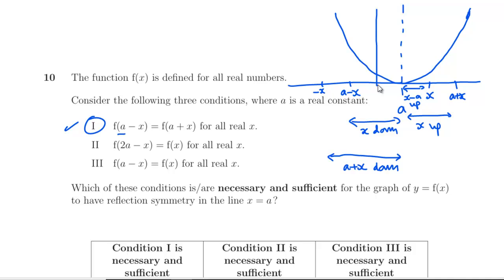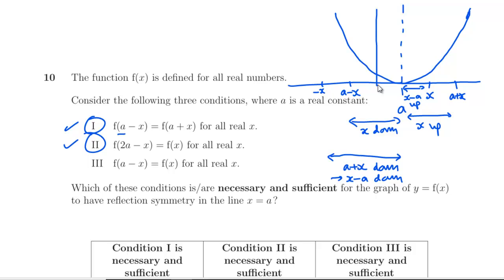Then for 2a minus x, we start off at minus x, which is x plus a down, and then we go 2 lots of a upwards. So that'll take it up to x down and then x minus a down. So we've got x minus a up and x minus a down. Right, so that works as well. Okay, that's good.